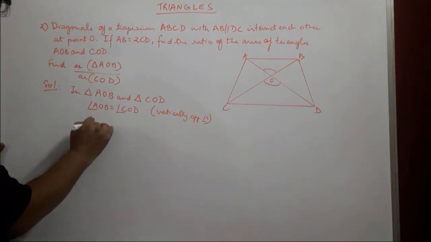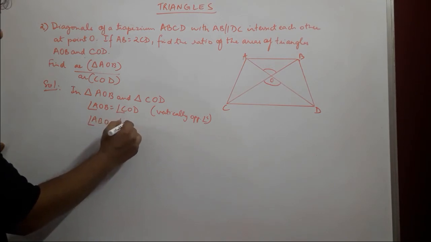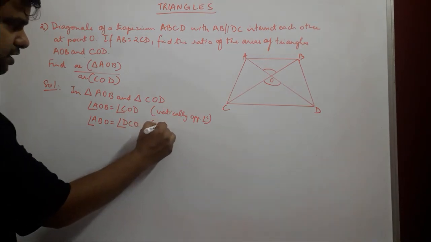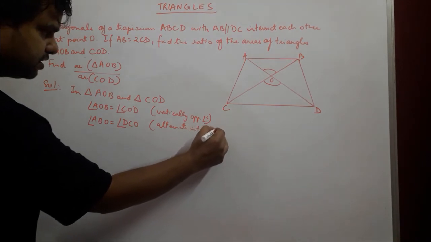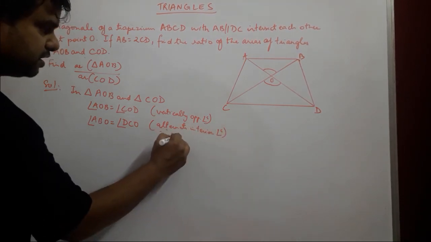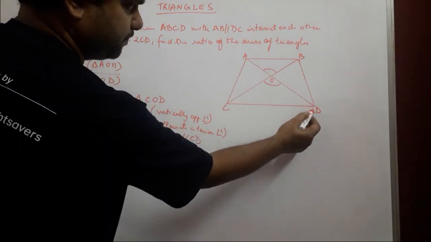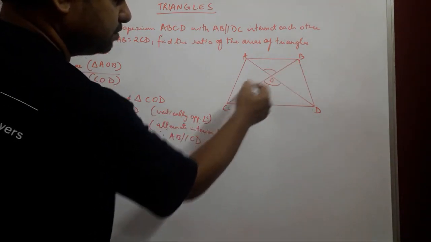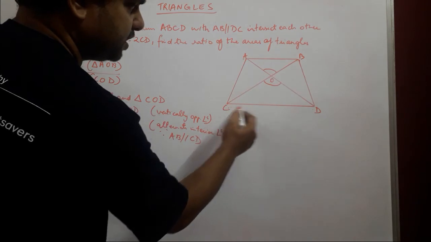Also we can see that angle ABO is equal to angle DCO, and they are alternate interior angles since AB is parallel to CD. So we are given this AB is parallel to CD, and if you look at this BC or CB, this becomes then a transversal intersecting AB and CD.